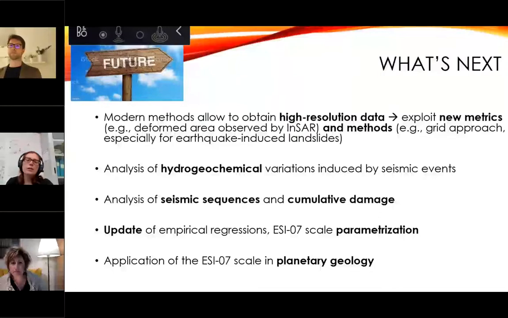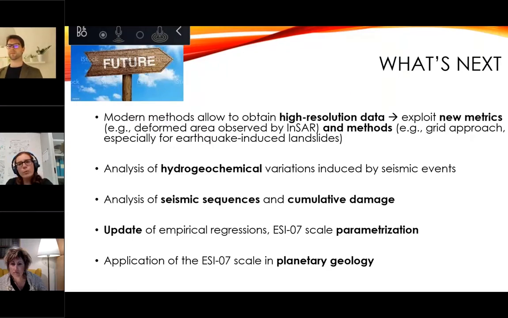So the last slide is on what's next. This is actually my personal take, so don't take it for granted. These are the research lines I think will be pursued in the near future. The first one is that the resolution of data related to recent events is much, much higher than for past events.